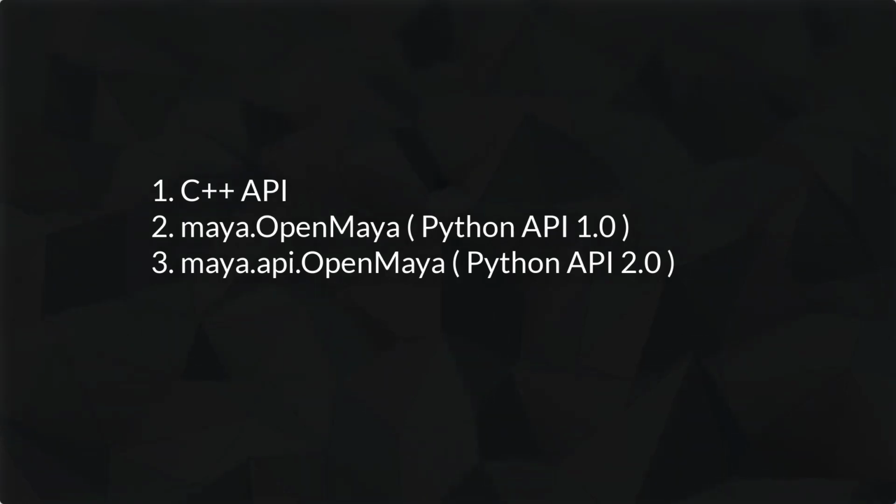The second is maya.openmaya, also referred to as Python API 1.0. The third and last option is maya.api.openmaya. This is also referred to as Python API 2.0, and it's faster and more Pythonic.